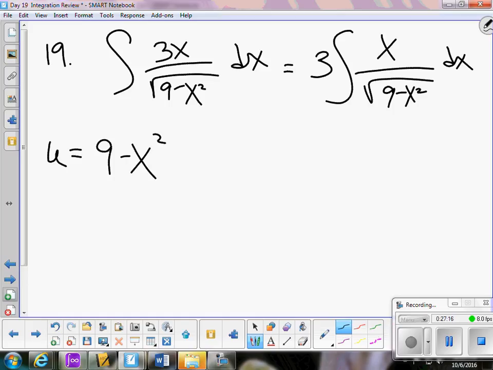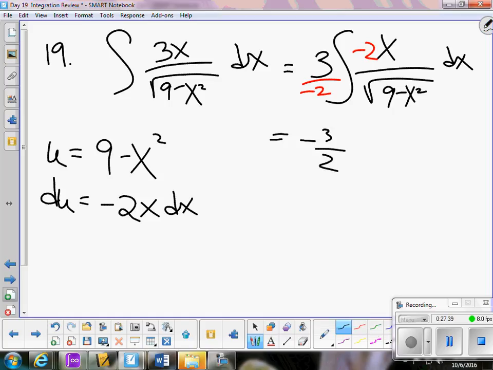9 minus x squared. du is negative 2x dx. Let's put in what we need. Negative 2 on the inside, negative a half on the outside. Now we rewrite it in terms of u. See, we don't have any limits of integration this time.